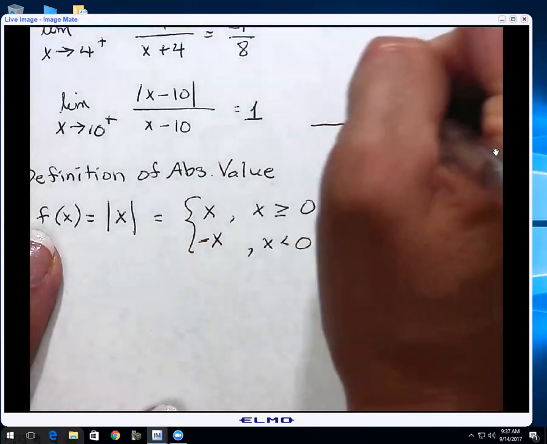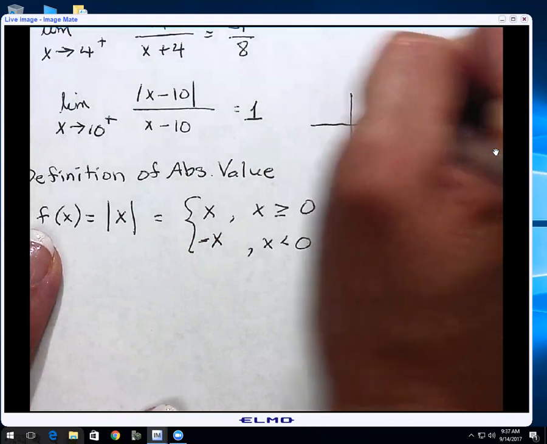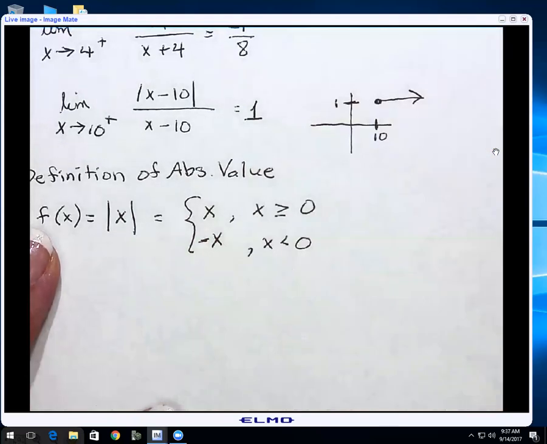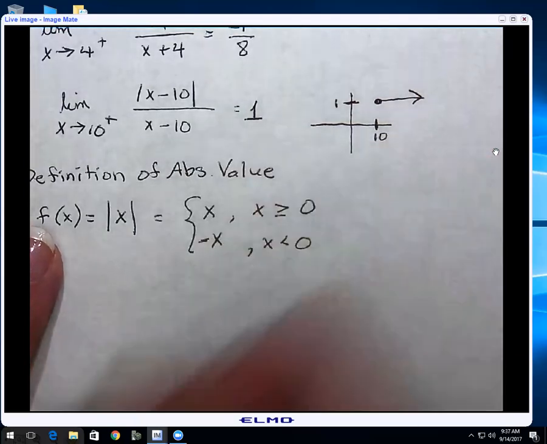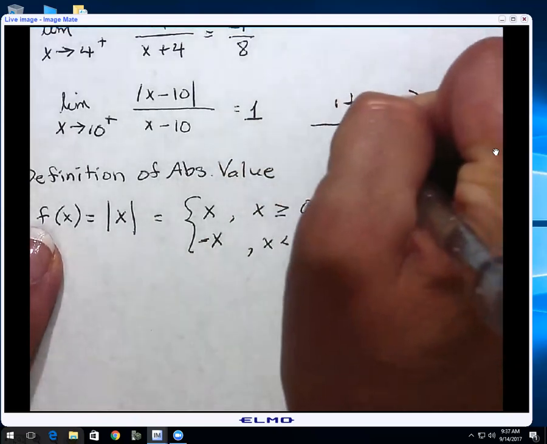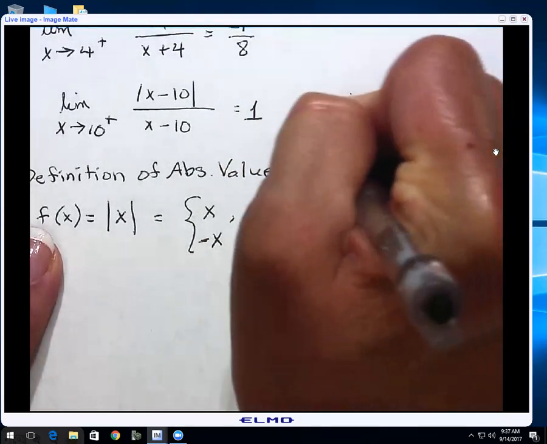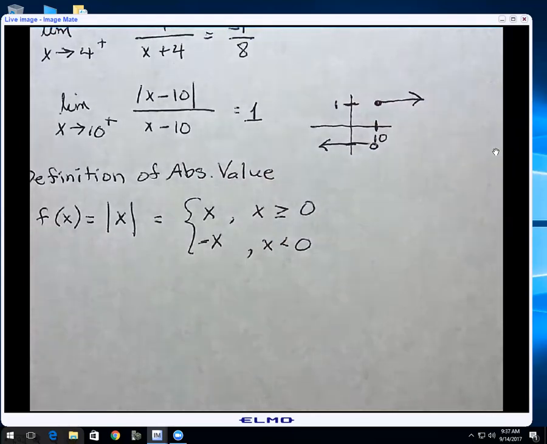So anything from here forever to the right, y is going to equal 1. But if I put anything less than 10, what am I going to get? -1, so an open dot right there, and then shade to the left. That's the graph of the absolute value of x minus 10 divided by x minus 10. It's always either -1 or 1.